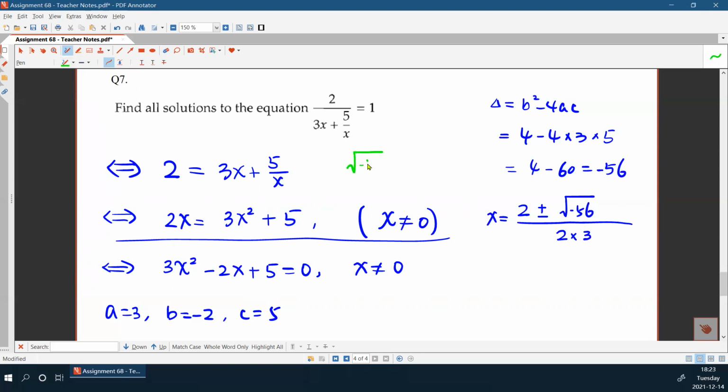What is square root of minus 56? Okay, 4 square root of 3. You mean we can put the equality sign here, right?